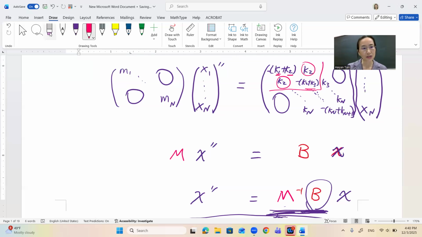So it's a very small system. Yeah, this is a special case. And also, if each mass is 1, so M1, M2 will be 1 and 1, so it just reduces to the 2 by 2 identity matrix, you see.